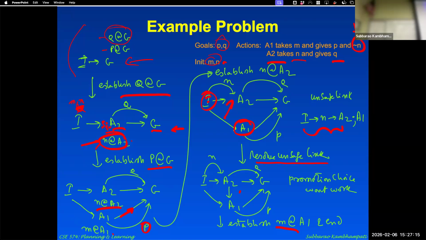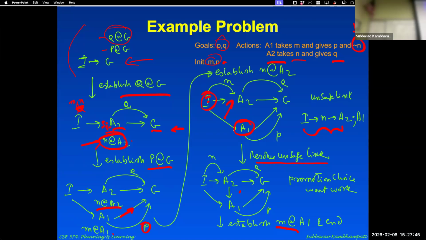And at this point, I decided to resolve the unsafe link. I can resolve it by taking the threat and putting it before I or after A2. But putting it before I doesn't make sense because nothing can come before the beginning of the plan. So it has to only come after A2. So I put an ordering from A2 to A1.